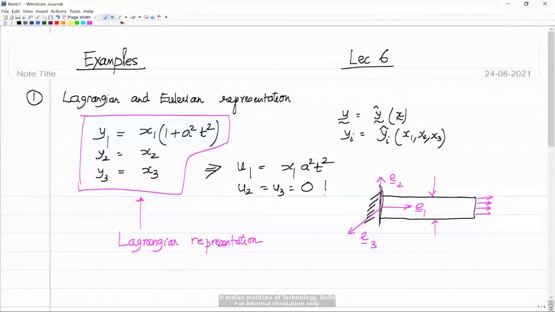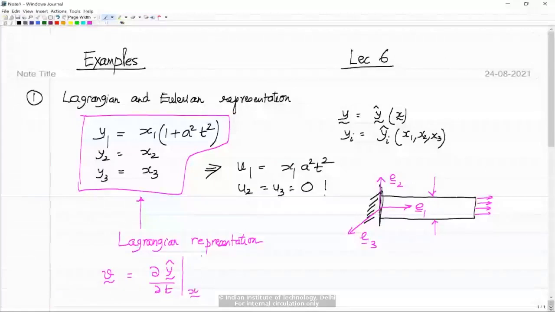So what is then velocity? You can recall that velocity v is simply del y hat over del t at constant x, right? Because fixing x is same as fixing the particle.